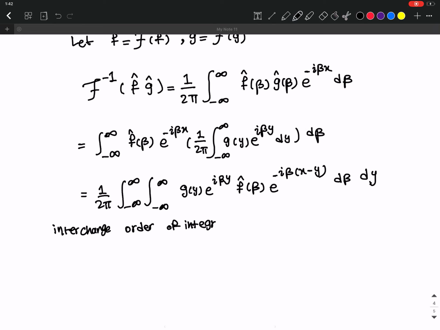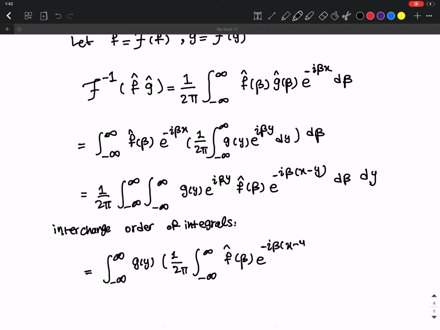So now I want to interchange the order of these integrals, and what I'm going to get is the integral from minus infinity to infinity of g(y) times 1 over 2 pi integral from minus infinity to infinity of f hat beta e to the power minus i beta (x minus y) d beta and dy.